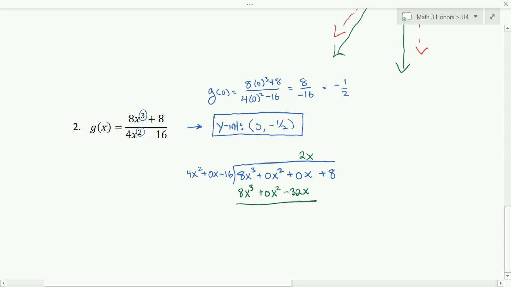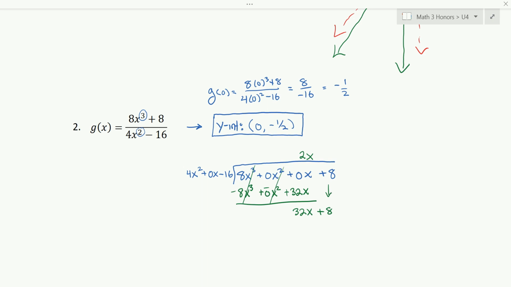Okay. And then you subtract. And we're left with 32x plus 8. All right. So how many times does 4x squared go into 32x? 0. So this is the remainder actually, because if the degree of this is smaller than this degree, then you're already working with the remainder.